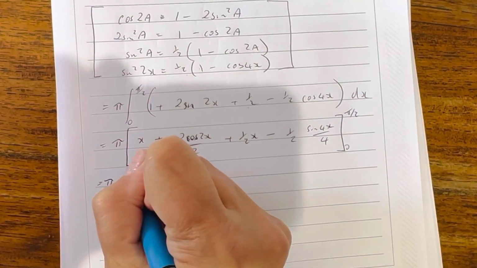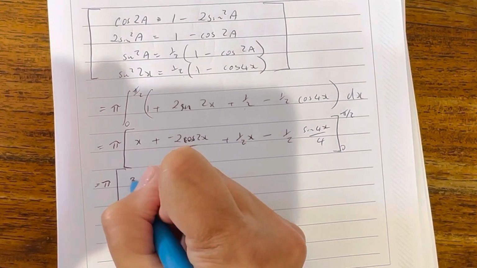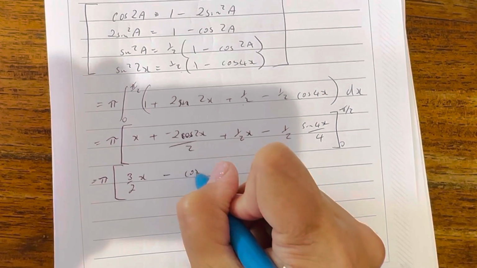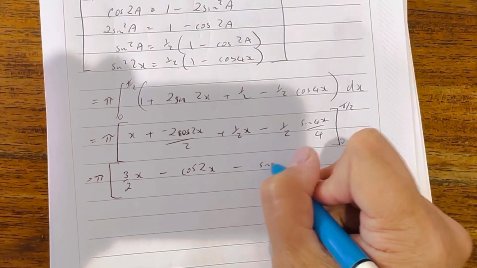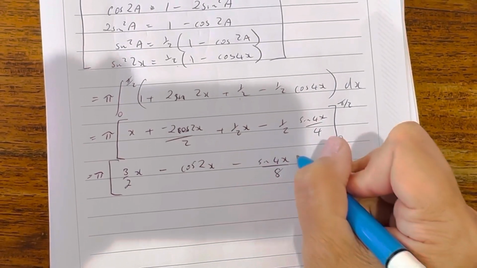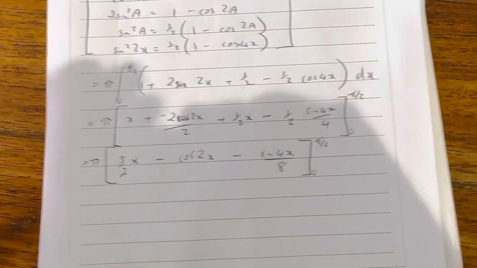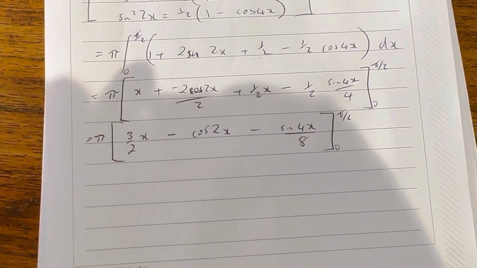We can see doing this, obviously we can add these together, so that's going to be 3 on 2 x. This will simplify to cos 2x. This will simplify to sine 4x on 8, between 0 and pi on 2. I'd like to simplify it up a bit before we now do our substitution.